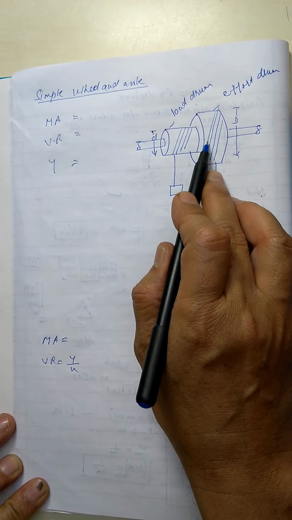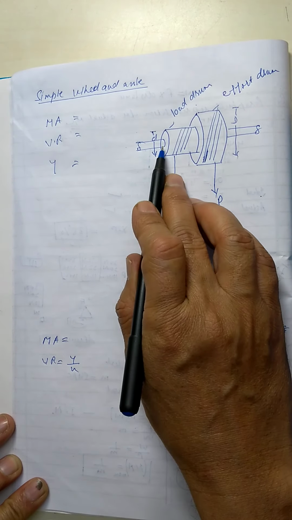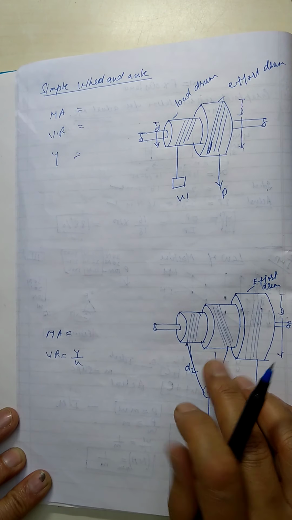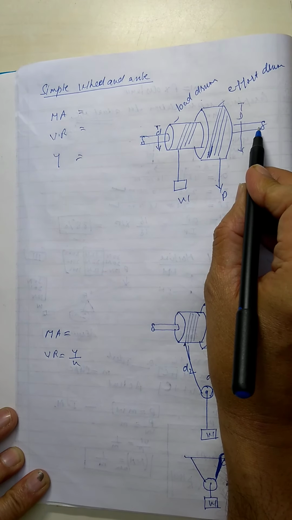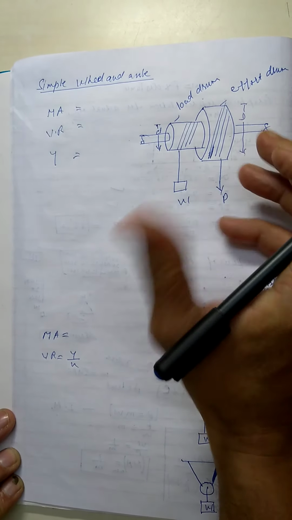They are basically keyed or rigidly attached to the shaft. That means shaft and both the drums work as a single unit. If you rotate this, the whole thing will rotate.